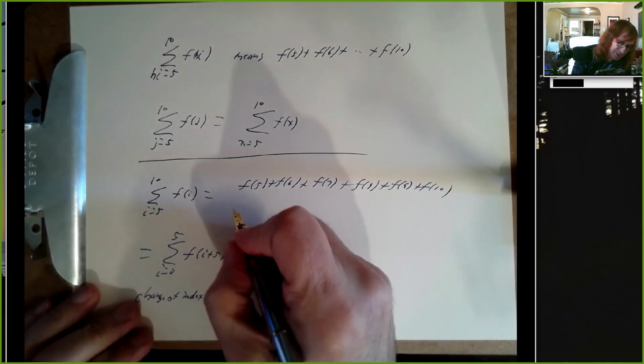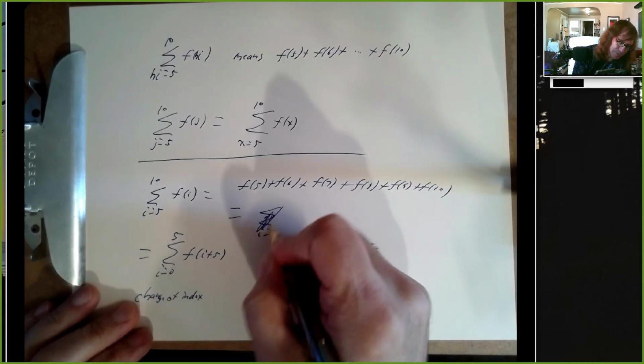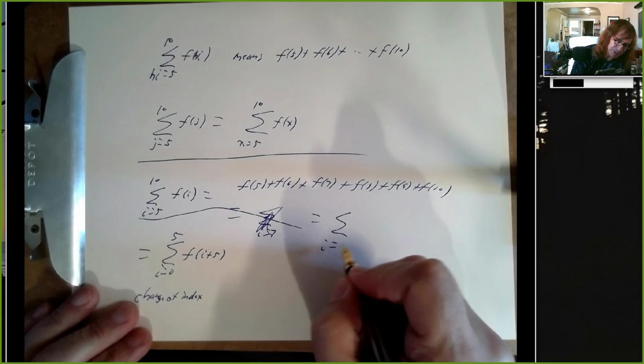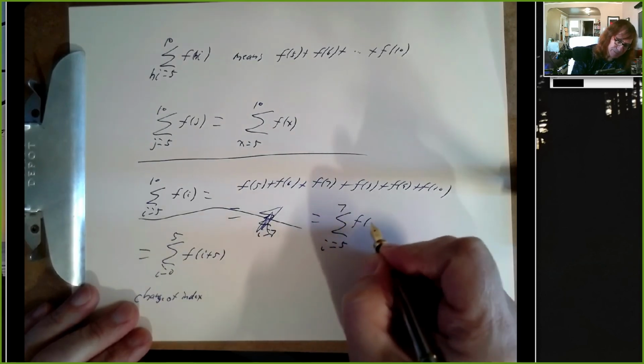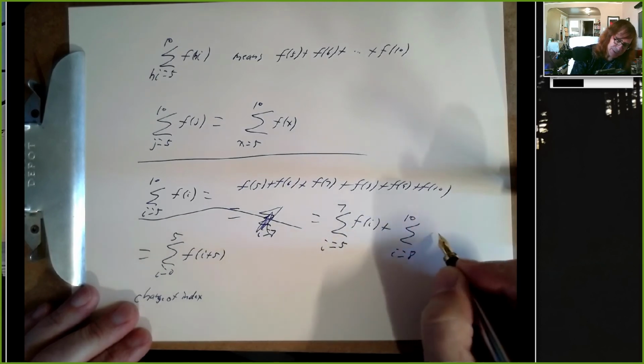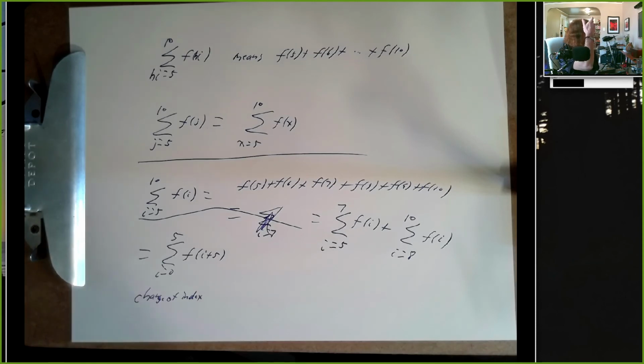We can also take this original sum and write it as, for example, the sum from i equals 5 to 7 plus the sum from i equals 8 to 10. Right, we can split it up into two or more sums. And that's not going to change the value.